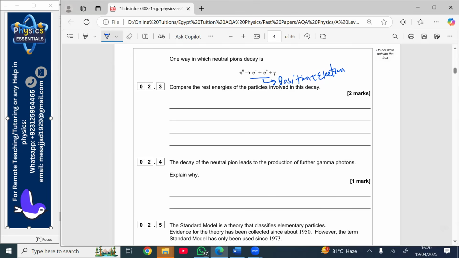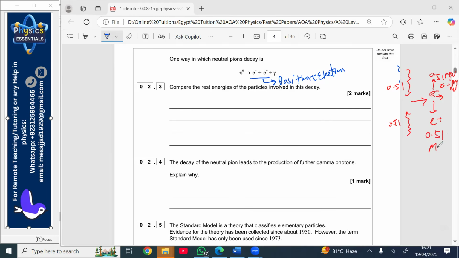Pair production means when 2 photons come towards each other, when 2 gamma photons of energy 0.51 each combine, they turn into an electron and positron. So their rest mass energy is equal to 0.51 MeV, and also for this, it's 0.51 MeV.